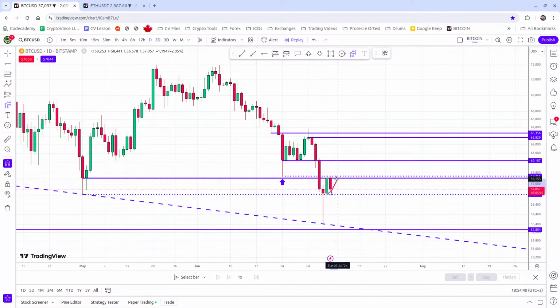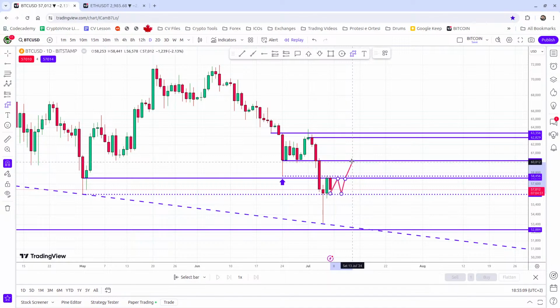I mean, if the weekly candle closed above this level, we could do something like this, a consolidation, even a fight between the bulls and the bears, and then see if we just keep going down following the local downtrend here, or we are able to break.